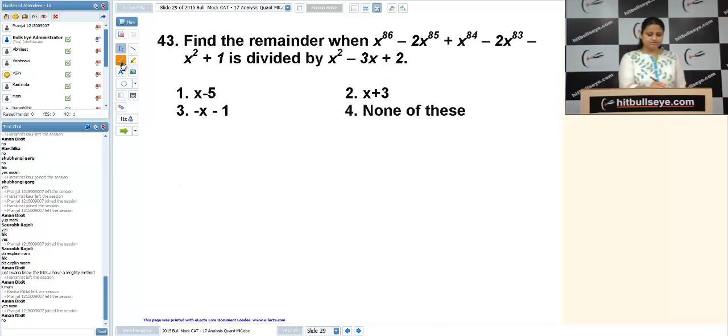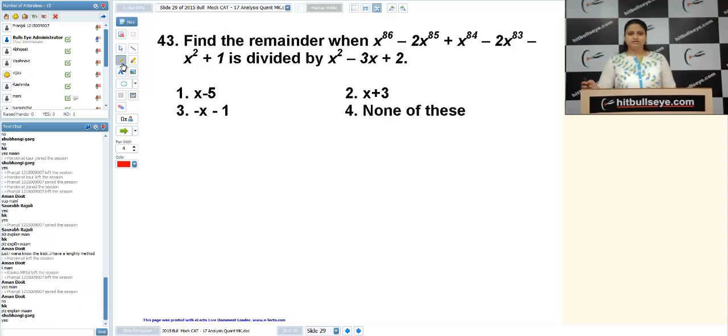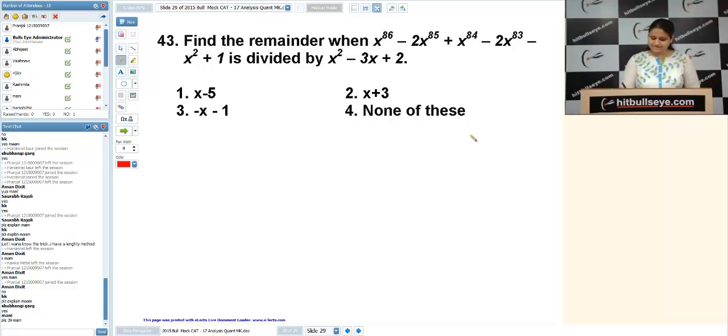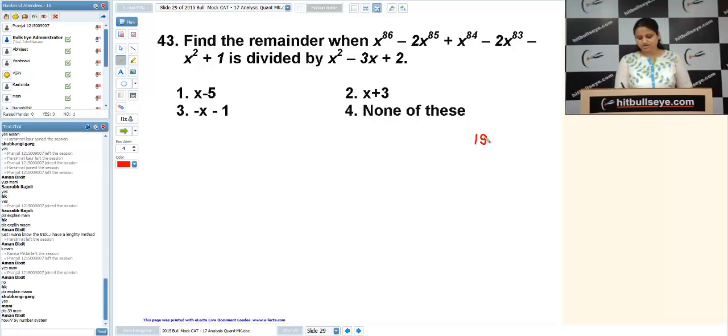43rd, number system. Actually this is an algebra question, but we can solve this question by using number system. Yes, HK and Shubhangi. Okay, instead of this question, I'm taking a smaller thing. Let us take a number, say 19. I'm taking a smaller example. We want to calculate the remainder. Let us take one more number, say 20.